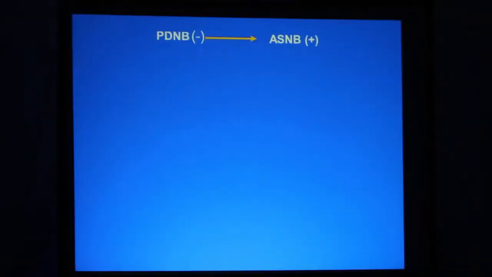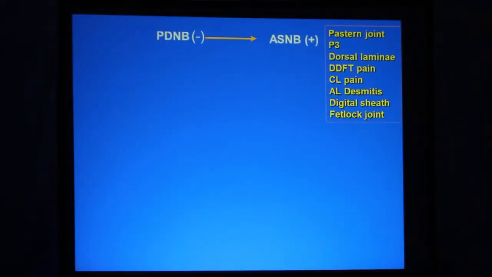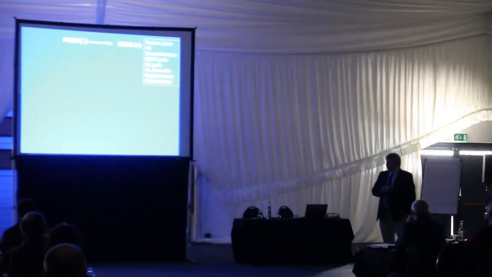I've included the pastern joint, the fetlock joint, the digital sheath, pretty much everything around the fetlock and the pastern. I've also included the dorsal aspect of the distal phalanx and the dorsal laminae of the hoof wall, because remember, the dorsal branches of the palmodigital nerve are cutaneous only.